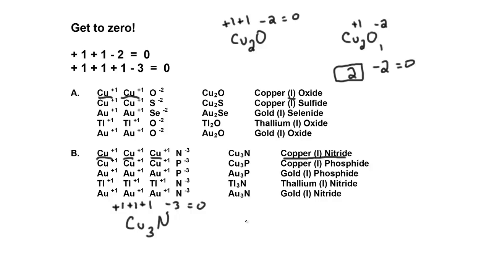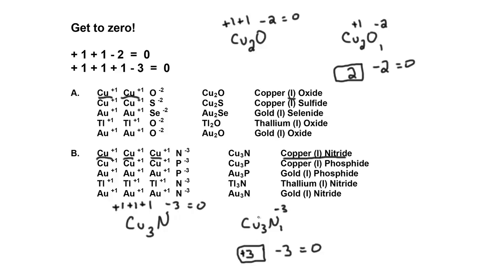Let's try something else. Let's write it out this way. Cu3N. Nitride is minus 3. There's only one of them. Negative 3 times 1 is negative 3. We have to get to 0. So something minus 3 equals 0, and that something is a 3. Something times 3 gives me this positive 3 here.